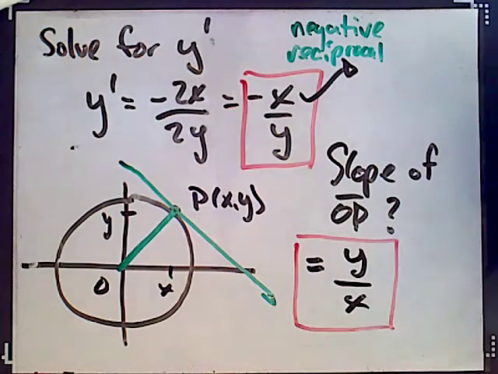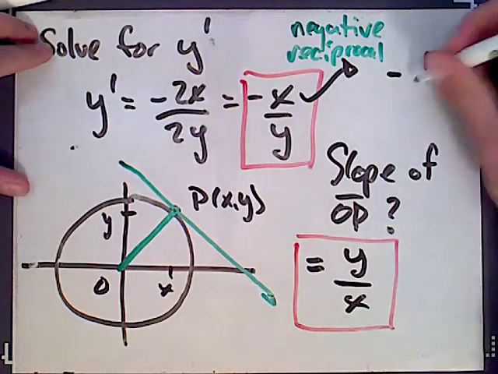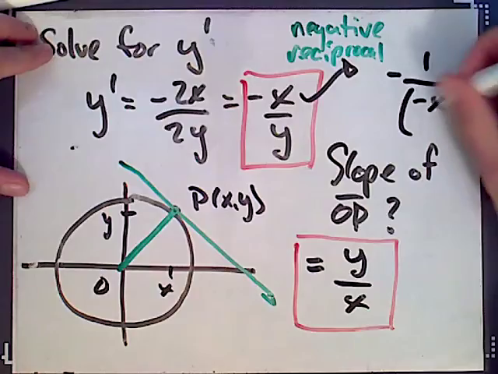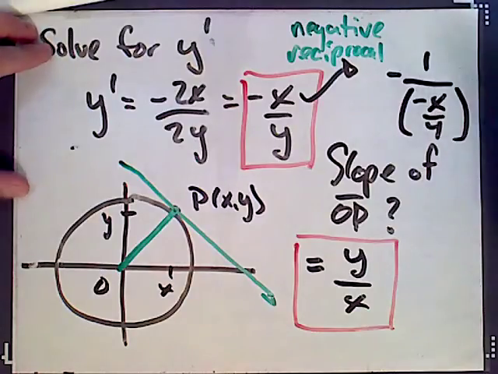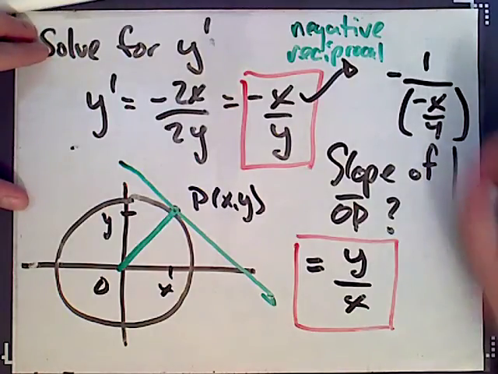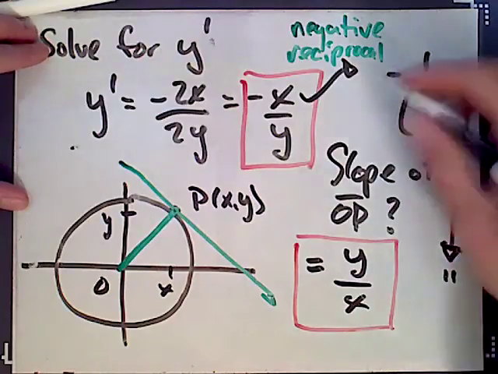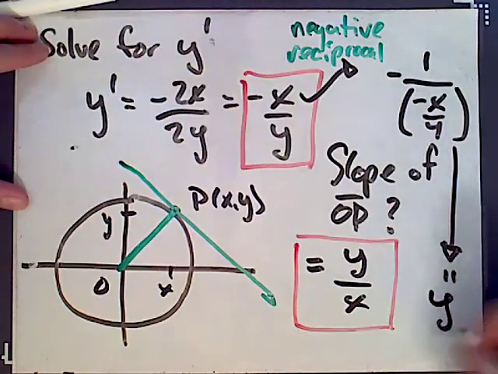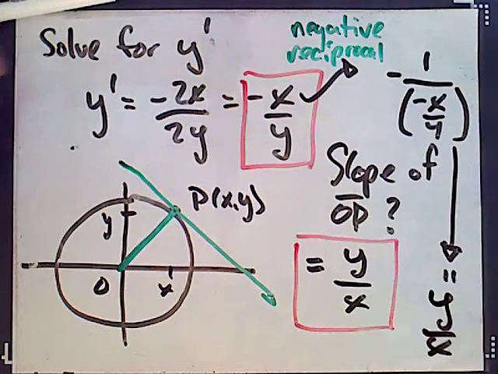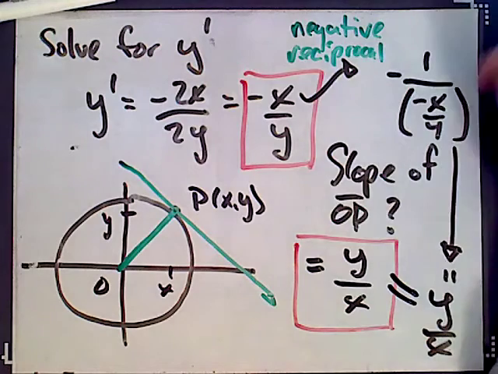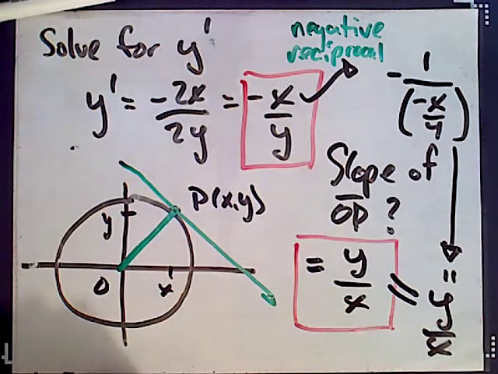What we get is negative 1 over negative x over y, which indeed, the negatives cancel, the fraction flips, is y over x. So we see that we get the slope of the line OP. Their slopes are negative reciprocals of each other, so these lines are perpendicular.